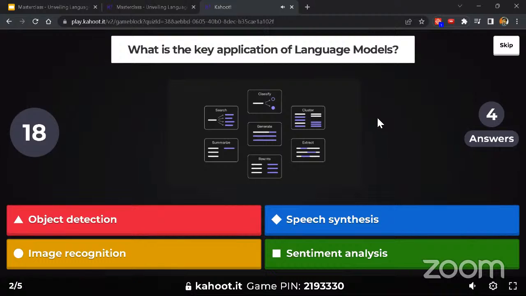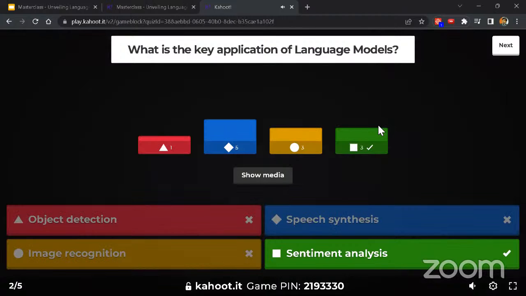I know this is a little tricky between two options, but try to choose a more advanced option. That's the only hint I can give you. Because language models are advanced, so look at a more advanced use case. Okay, I think this was a little tricky, between speech synthesis and sentiment analysis.